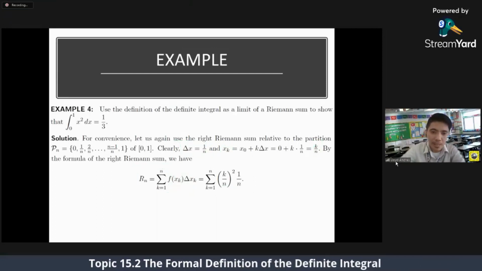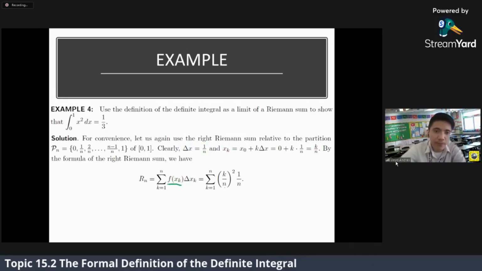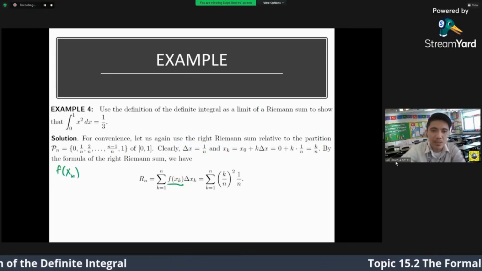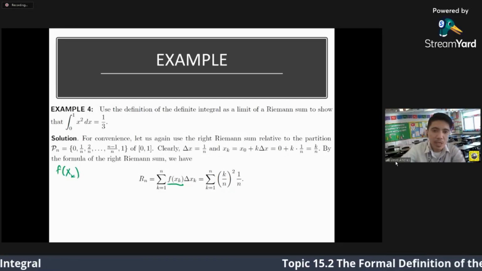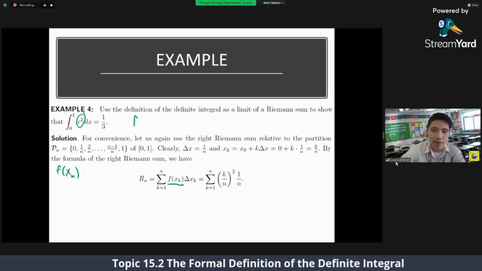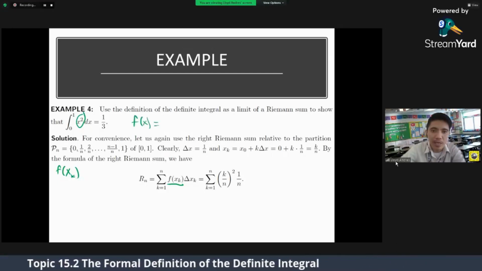Again, kailangan nimo isolve si f of x sub k using kaning formula. Ang f of x is katong given nga integrand, x squared.